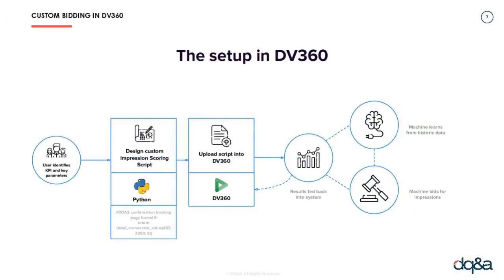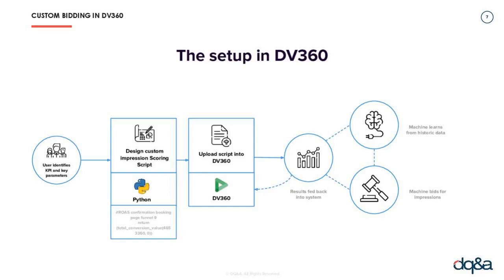And now we'll be looking at the setup in DV360. I've made this visualization for you so that it's clear how you go about it. First of all, you identify your KPI and the key parameters that are relevant for you. Once you start designing your custom script, you're going to need those being translated in there. So as said, it's a Python script.